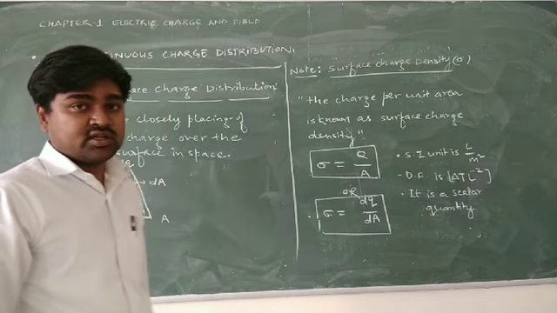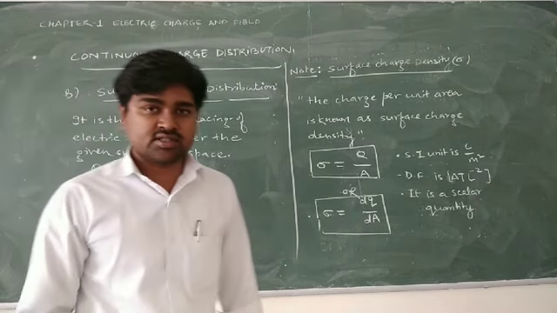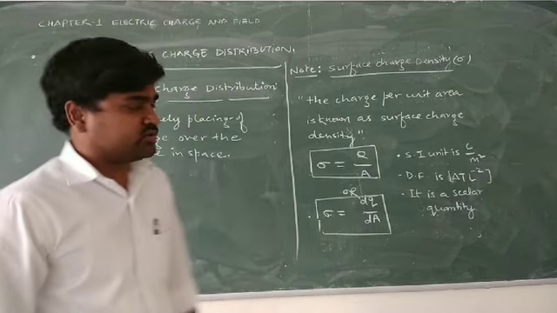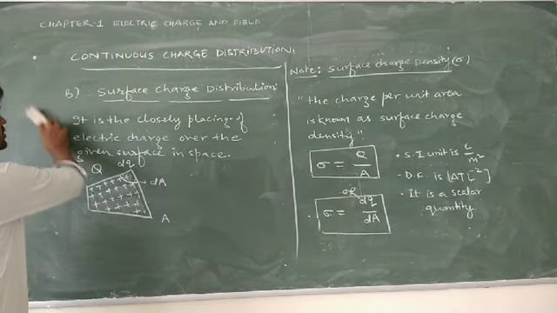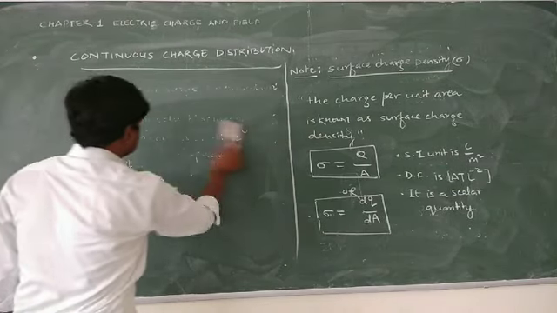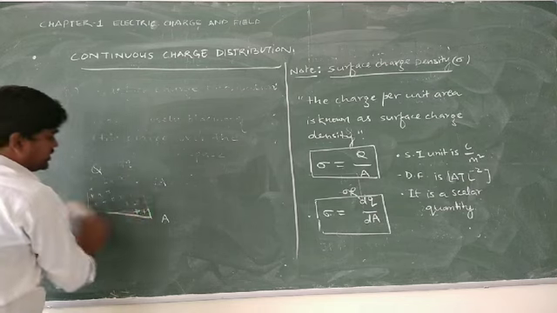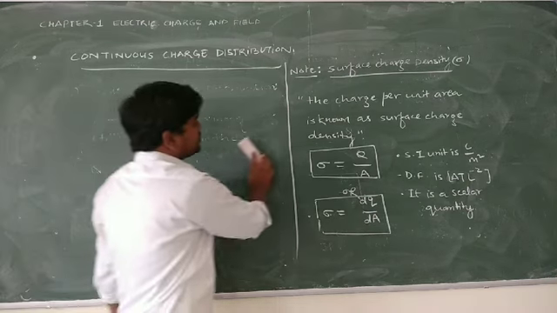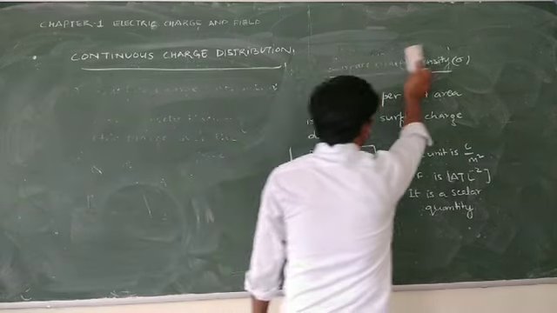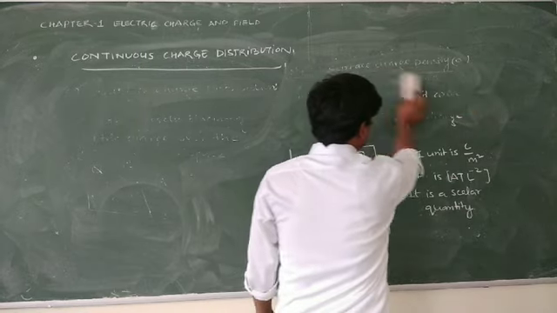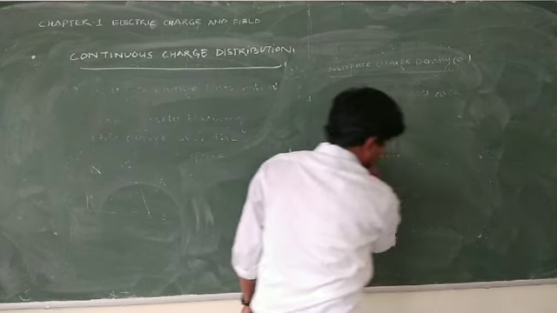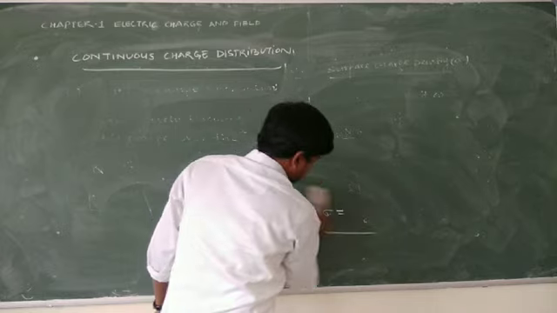And the last one in the continuous charge distribution is volume charge distribution. We have discussed the two types of the charge distribution, that is linear charge distribution and the surface charge distribution.